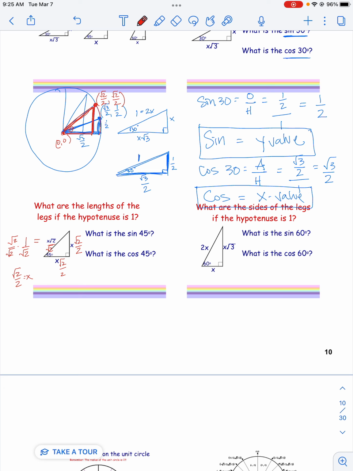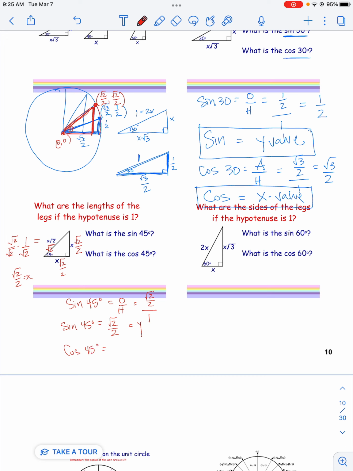So if I want to know what the sine of 45 degrees is, it's the opposite over the hypotenuse. Well, it's the square root of 2 over 2 over 1. It's just the square root of 2 over 2. It's equal to the y value at that point. Okay, and cosine of 45 degrees.